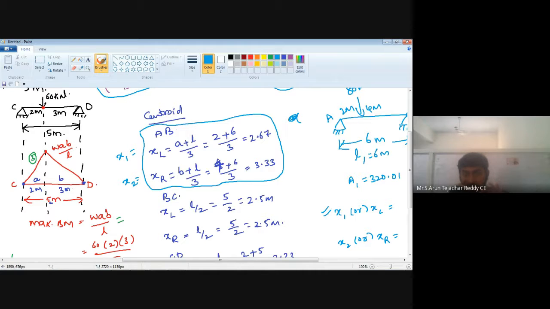In that first diagram we have two centers of gravity, one on the left part and one on the right part. Of these two parts, the one satisfying our XL is the value on the left side, 2.67. We are considering only the first diagram, so in the left part, consider that value.